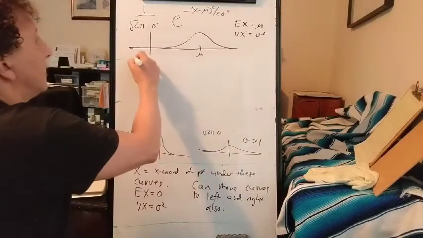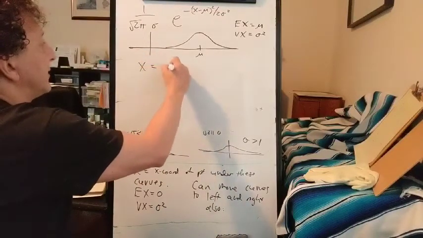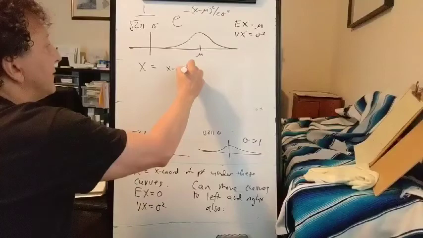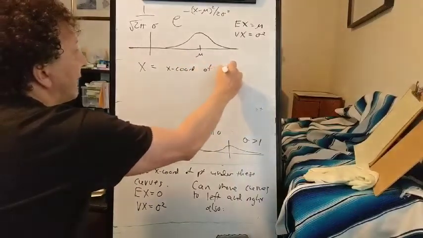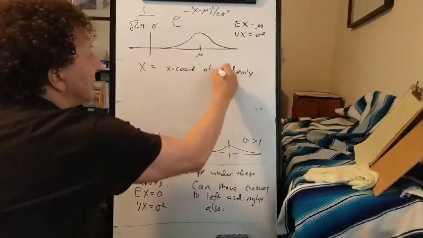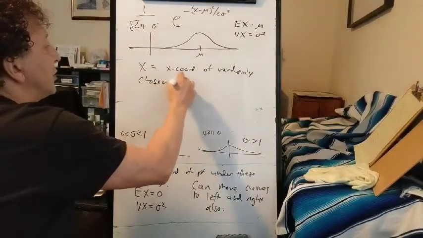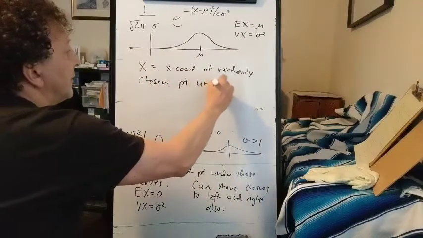So again, I'm thinking of x as the x coordinate of a randomly chosen point under the curve.